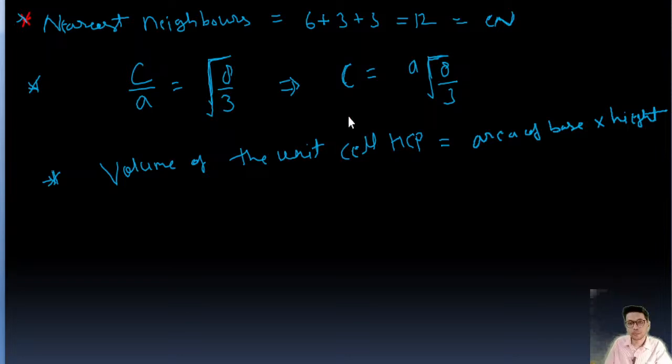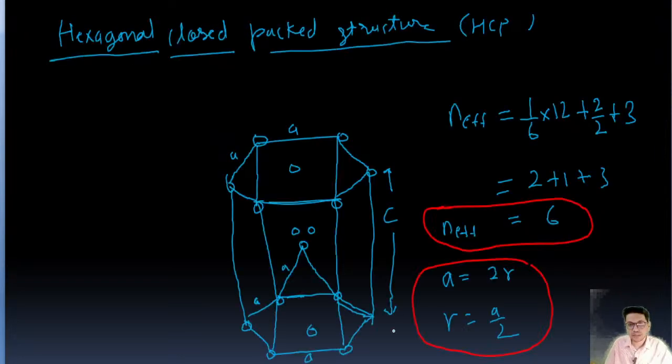So the area of base, look here. Area of base means this area, right? And this hexagon is made of 6 triangles, and all 6 triangles are equilateral triangles, which I have already explained, right?